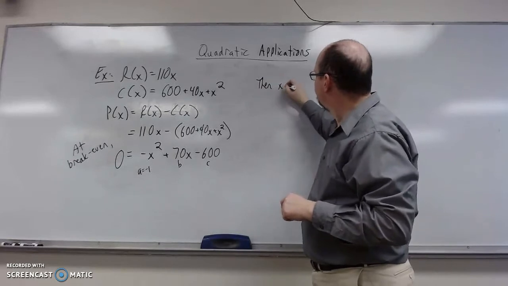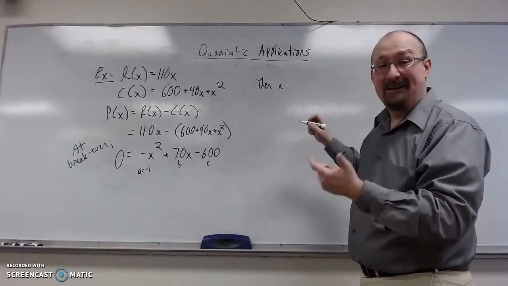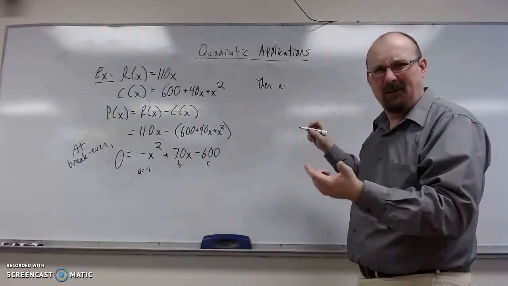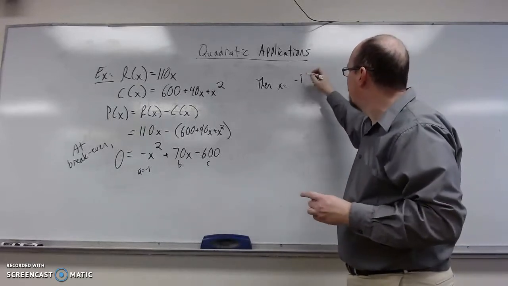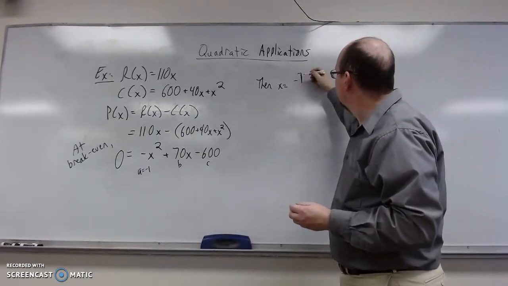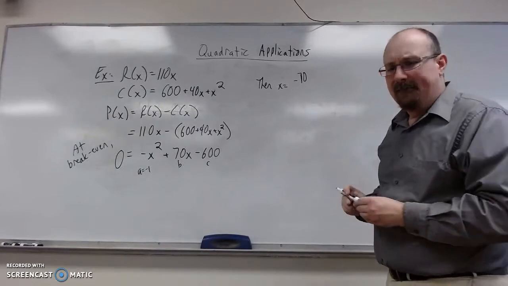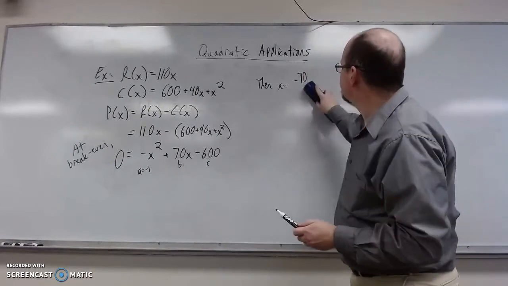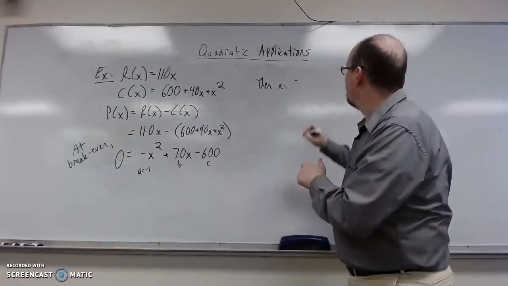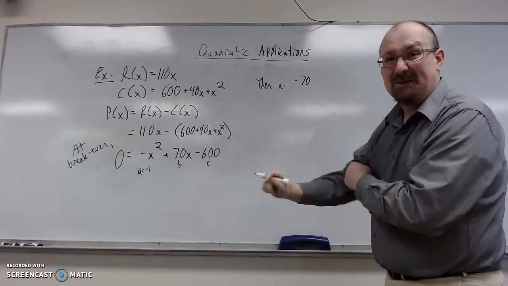So we'll have negative B based on our formula. Again, you can go back and look. You don't have to commit it to memory. I'm just about to write B right there. So negative 70. That's one of the worst 70s I've ever written. I'm going to try not to cheat and turn a B into a 70.